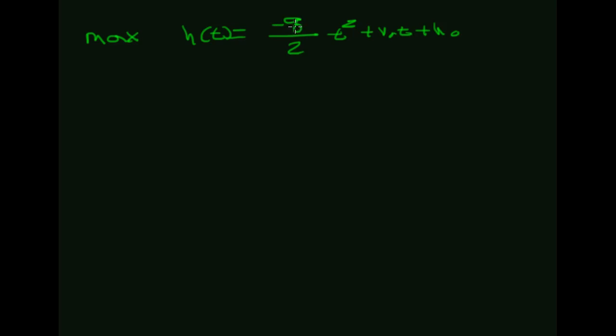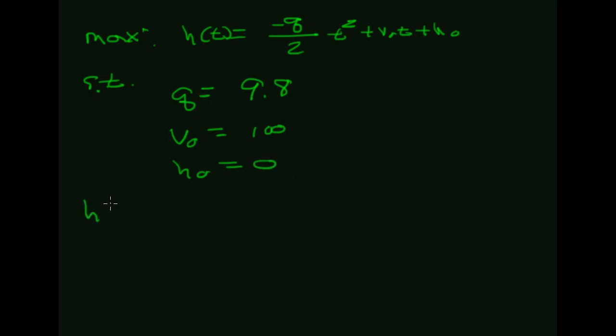We're going to put us on Earth here. v naught is our initial velocity in meters per second, and h naught is our initial height in meters. We're going to subject this to a series of constraints. The first one is that gravity is going to be 9.8, the constant of gravity here on Earth. The initial velocity is going to be 100 meters per second, and we're going to shoot from ground level.